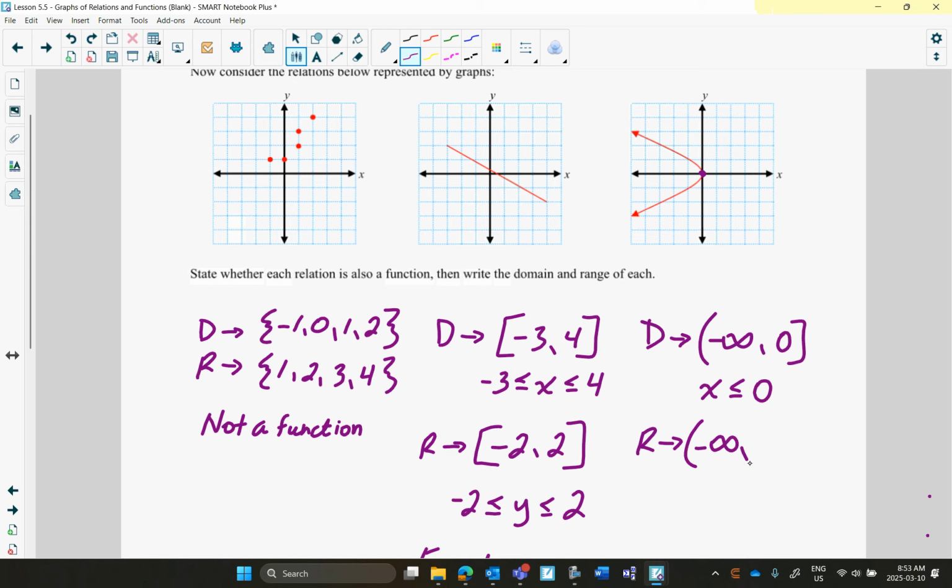What's the highest point? Doesn't this mean it keeps going up forever too? Like not only it's going to the left, but it's also going up forever. Positive infinity. That would be the range.